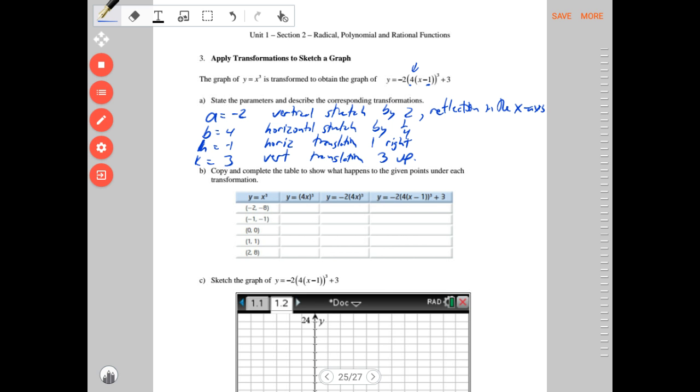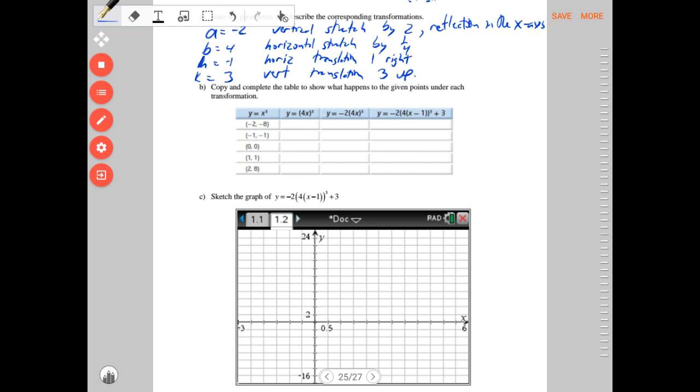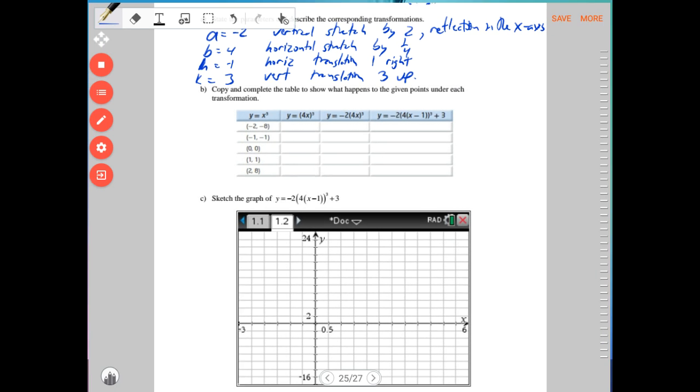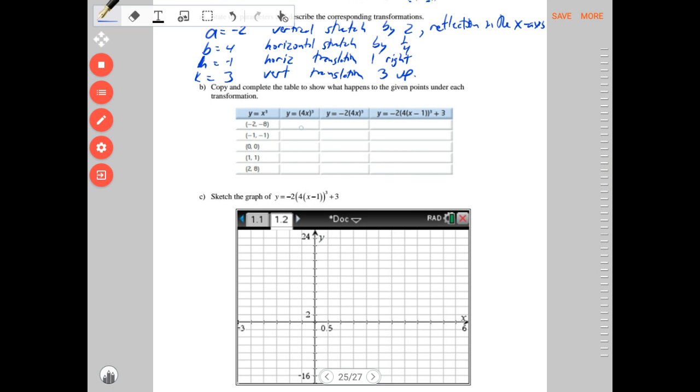So all we're going to do here is, I've already given you the points of y equals x cubed, and we're just going to show you where these transformations go. So 4x cubed is a horizontal stretch by 4, so that takes all the horizontal coordinates and multiplies them by 1/4.